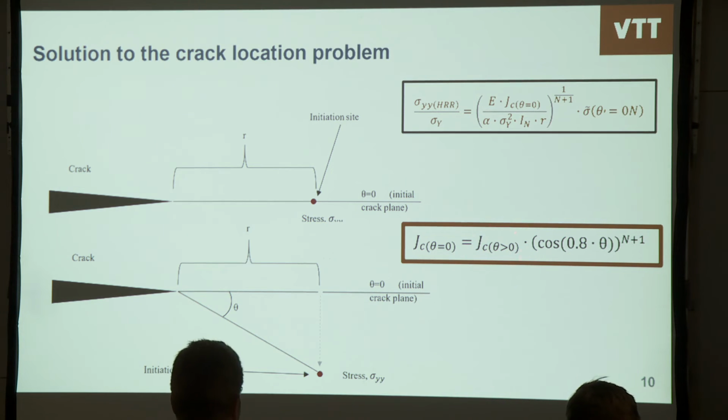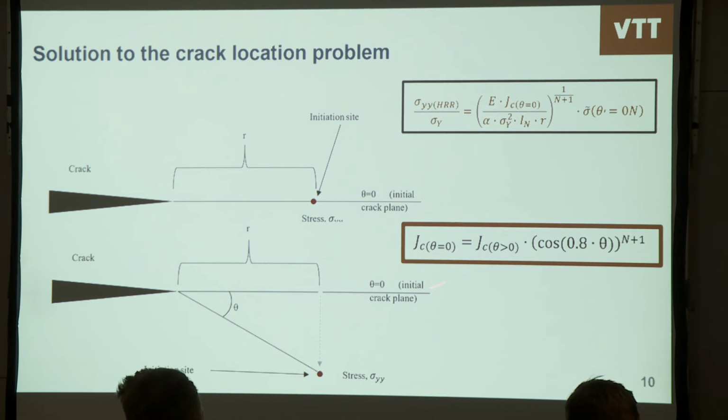And that's the measured fracture toughness, and then that eta factor, or that is theta, whatever. Yeah, it's this angle between the original crack plane and the initiation site. And this was the distance we measured already experimentally.